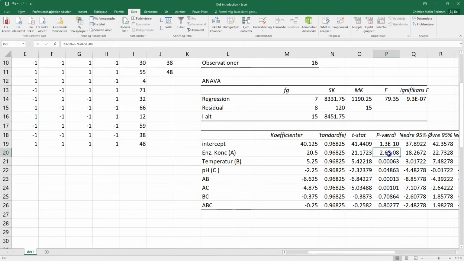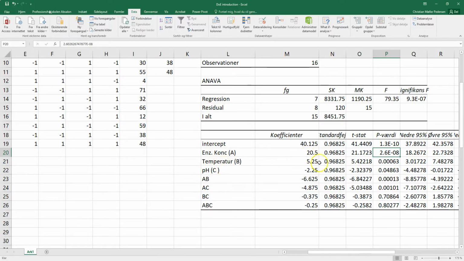And as you can see, the p-value is very low, so it's a significant effect. So indeed, the enzyme concentration does affect the yield. And it does so at this value here. So that means that if I increase the enzyme concentration by 1 molar, then the yield goes up 20.5.